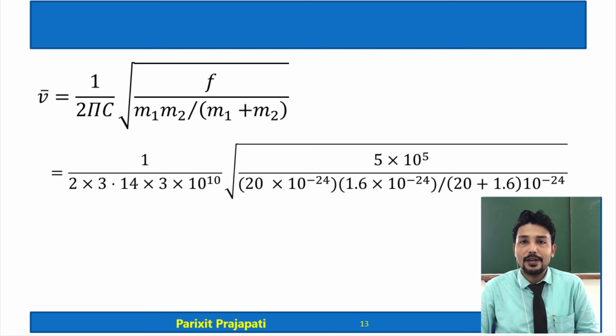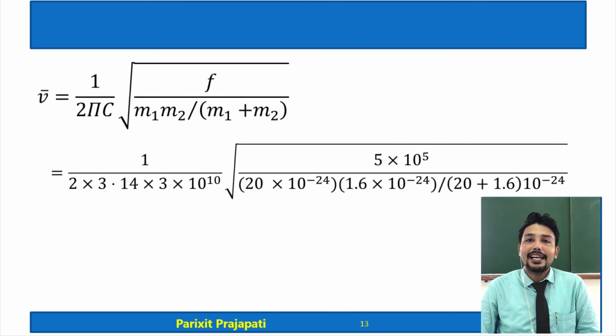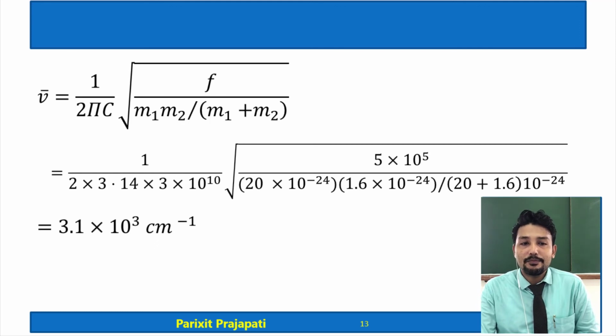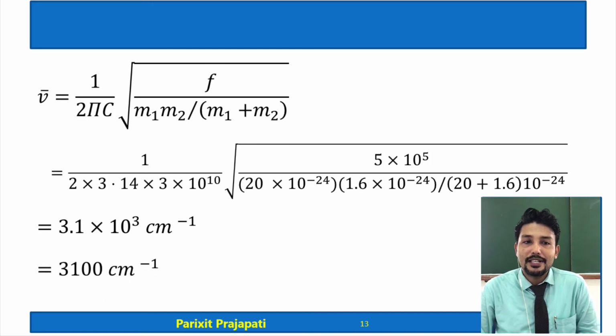So M1 into M2 divided by M1 plus M2, all these values are put in the equation. Then, if you calculate using a calculator, you will get 3.1 into 10 raised to 3 centimeter inverse, or in other words, 3100 centimeter inverse. So, this is the absorption frequency or vibrational frequency we calculated using Hooke's law.